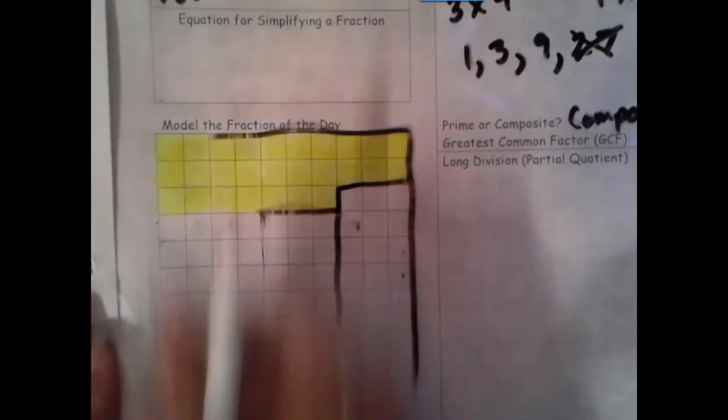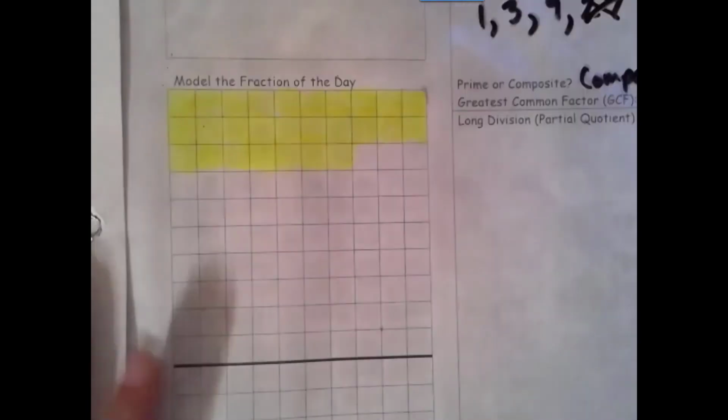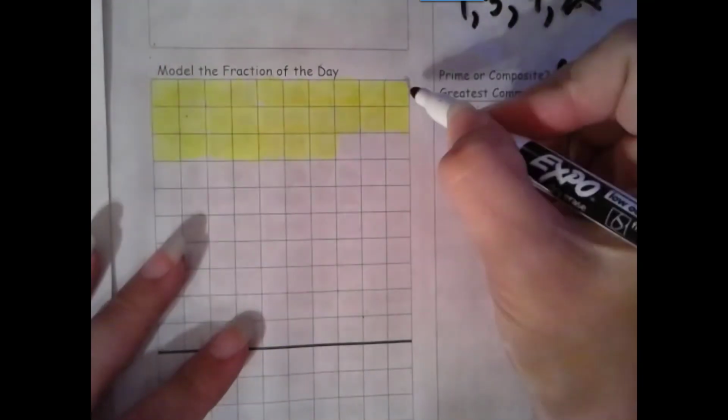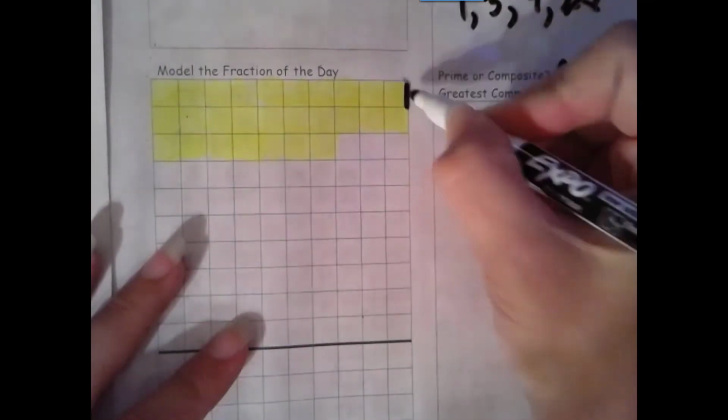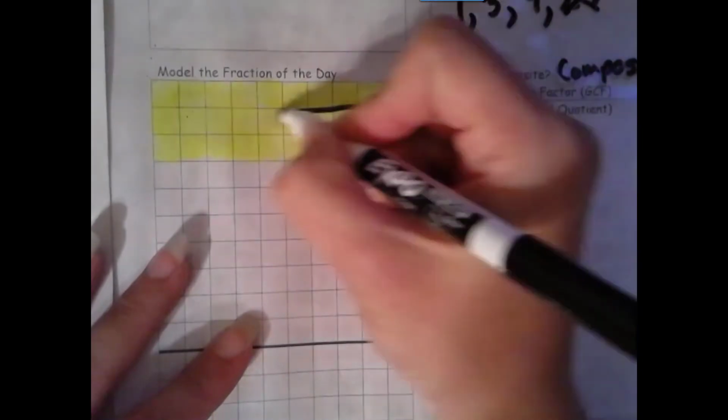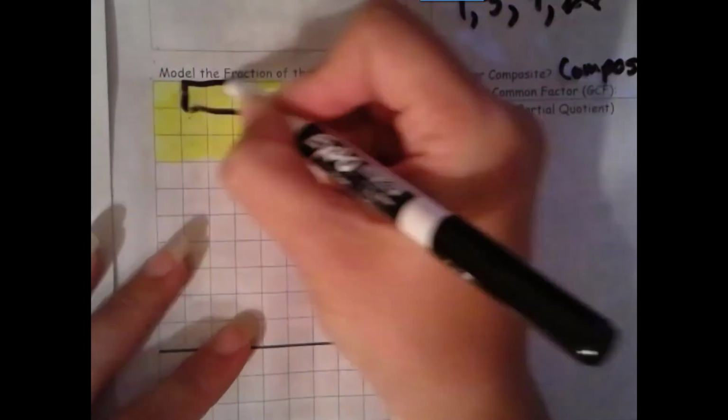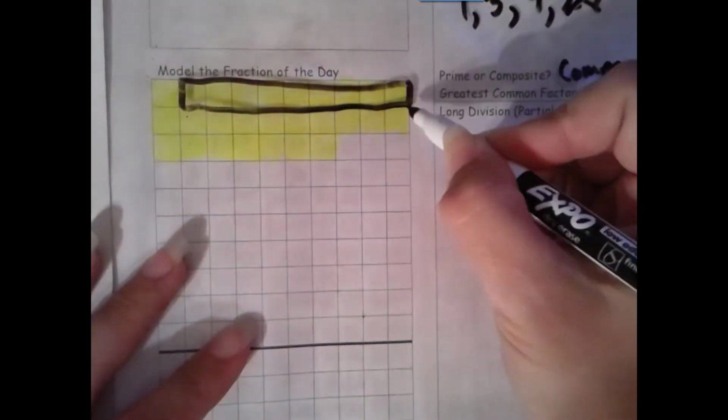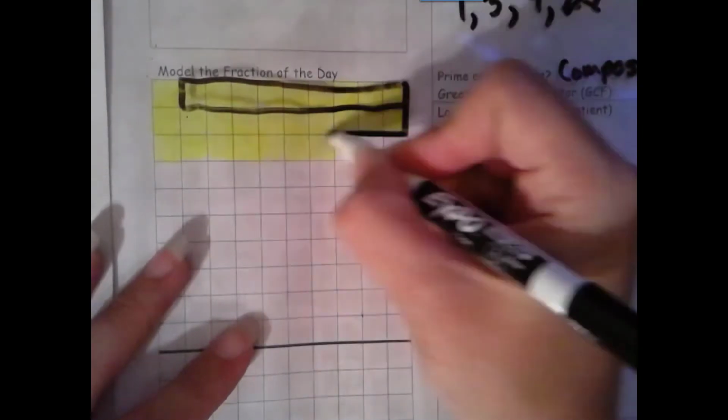So that means I'm going to try 9. So we're going to make groups of 9. Make sure you keep the shaded and the unshaded separate.